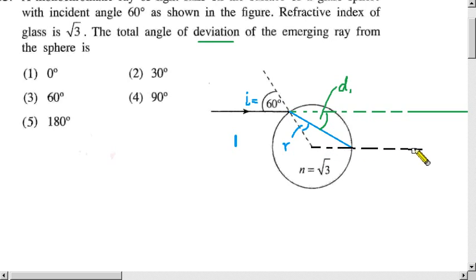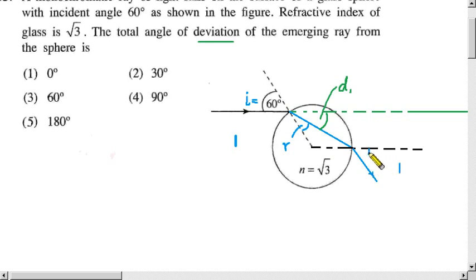Now the ray is bending away from the normal because it is entering a rarer medium than this one, because the refractive index is again 1 here, because this medium is air. So the emergent ray is like this.